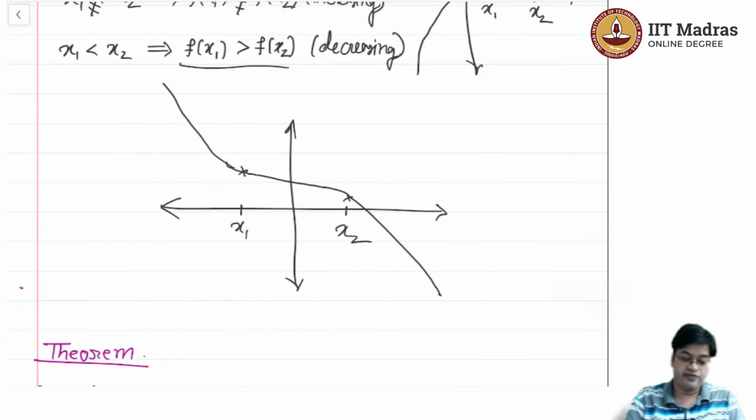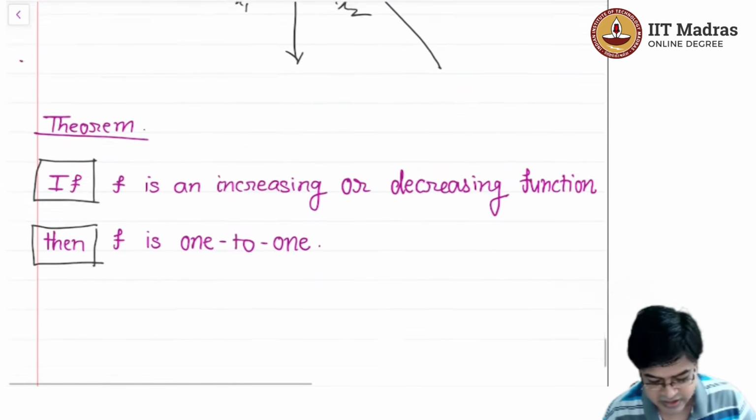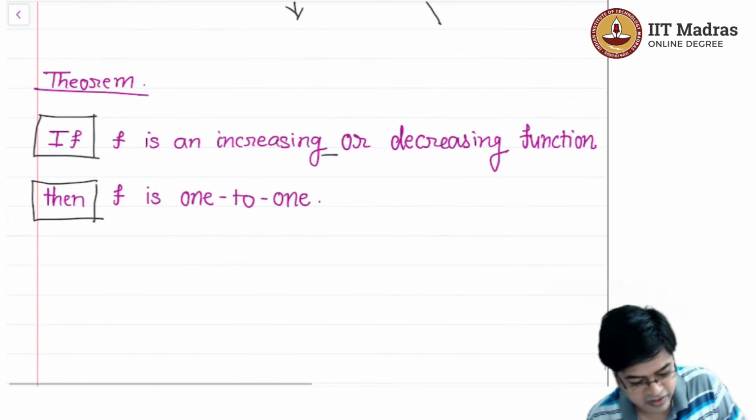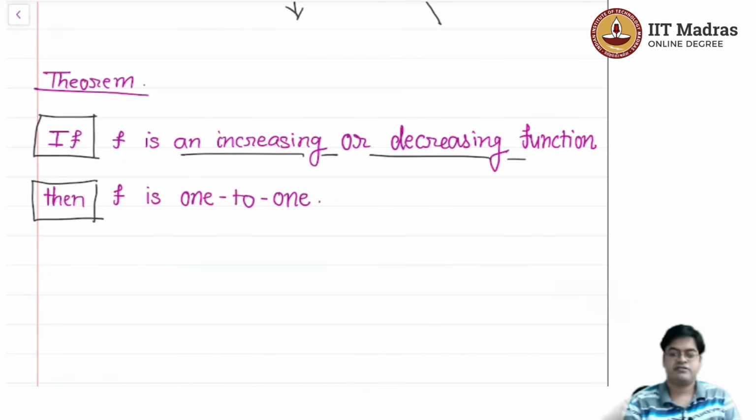This is true for every x1 and x2 belonging to the domain, and therefore using our horizontal line test, we can easily see that the function, whether it is increasing or decreasing, is 1 to 1.